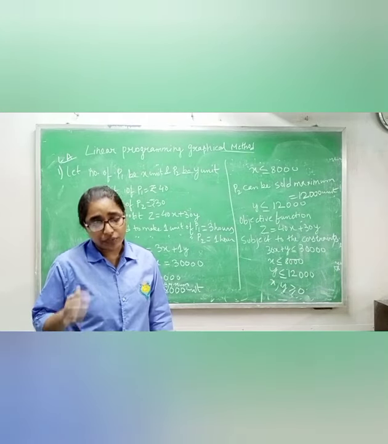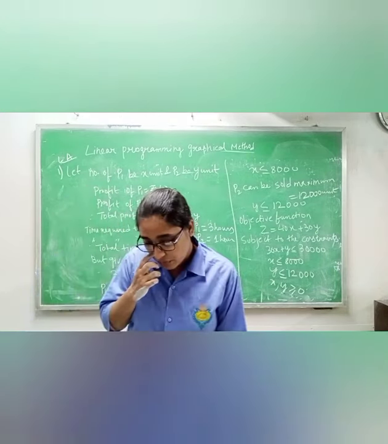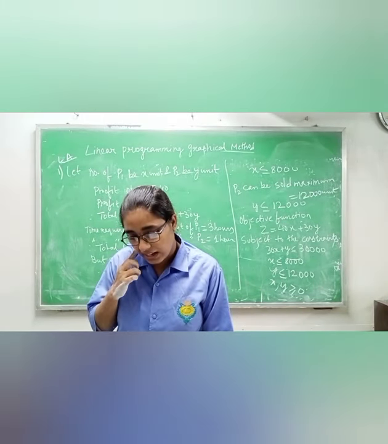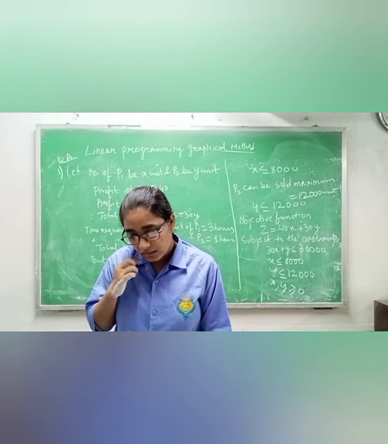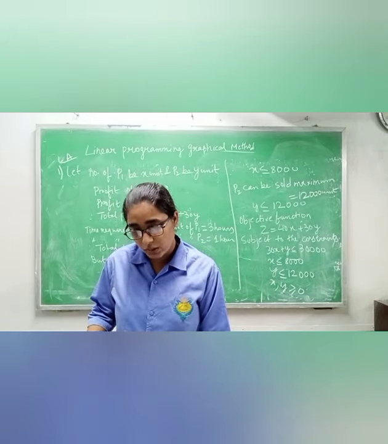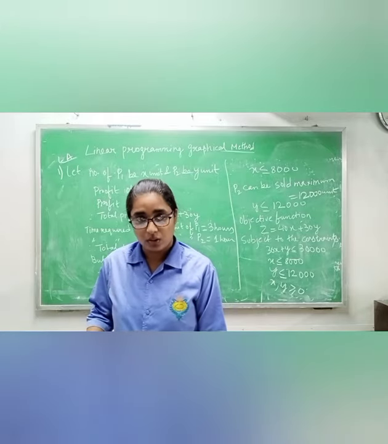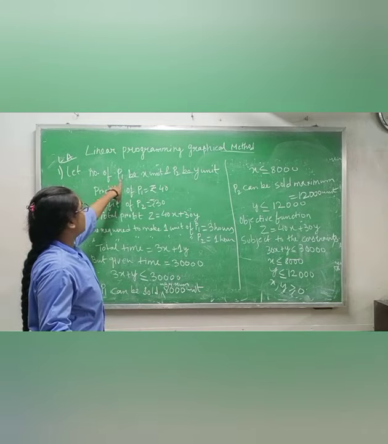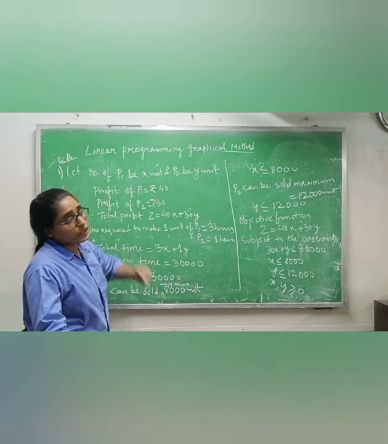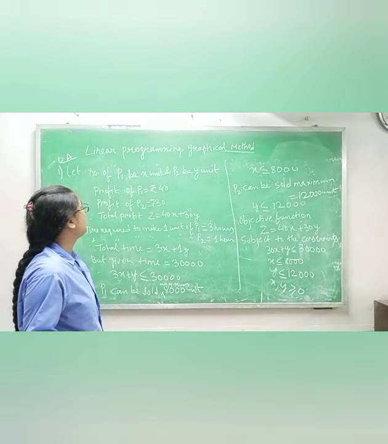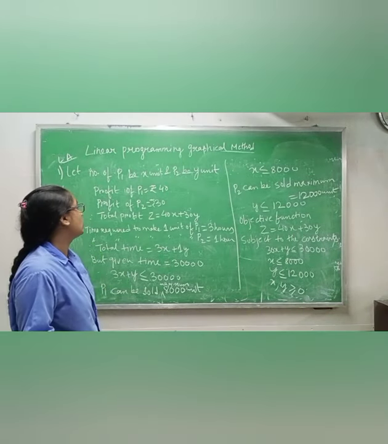Okay, but when company officials did the survey, they saw that the total number of P1 sold is 8,000 and the total number of P2 sold is 12,000 units. Okay, so let the number of P1 be x units and the number of P2 be y units, because we don't know how much they are producing.